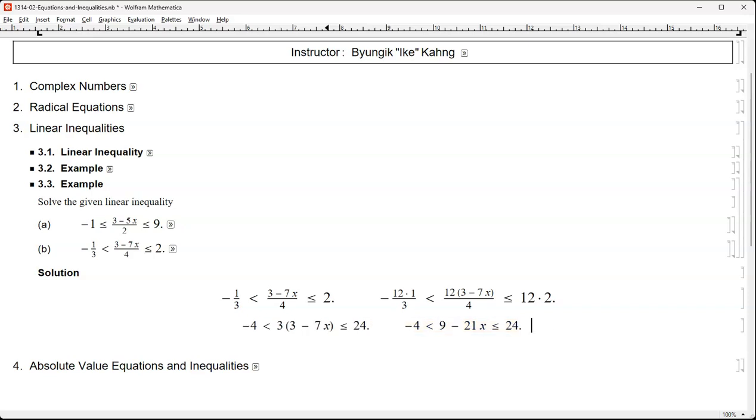So we get -13 after subtraction, -21x, and we get 15. Did I do this right?